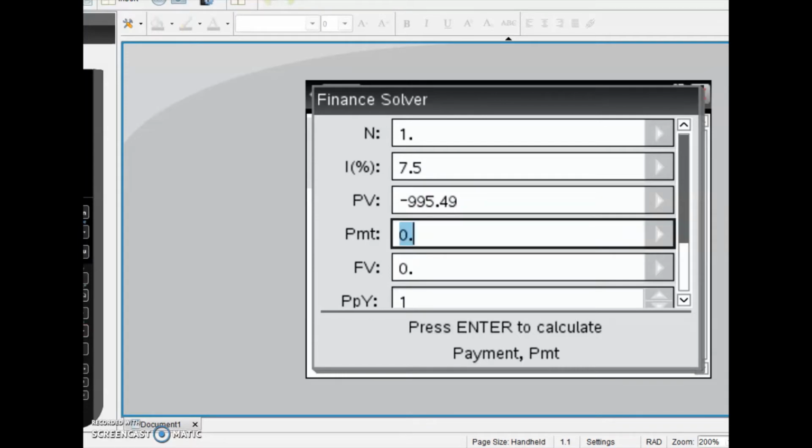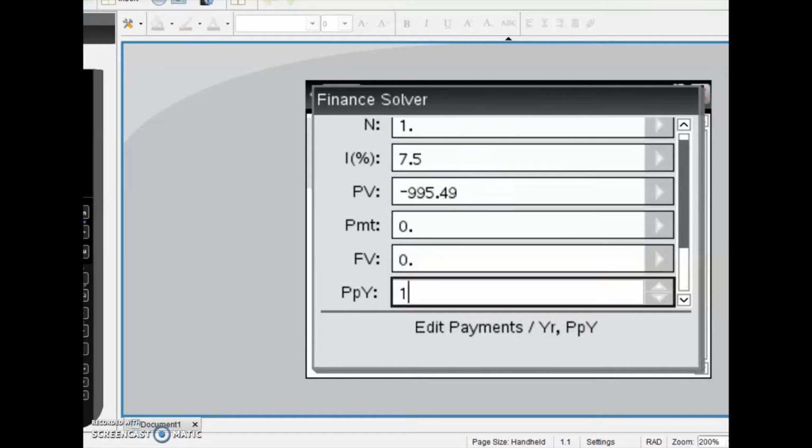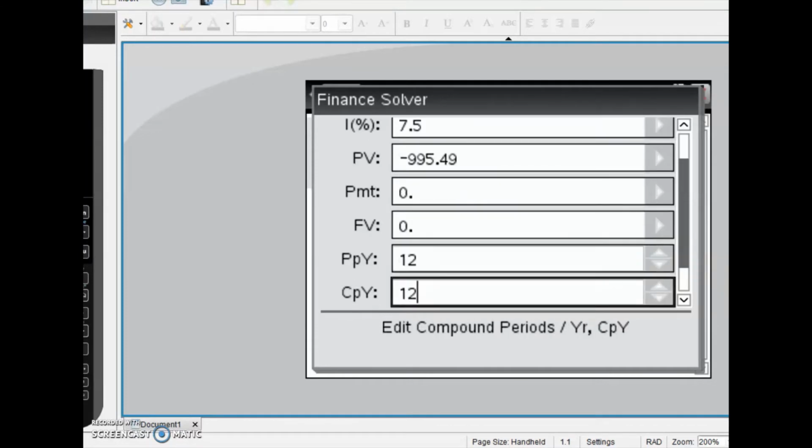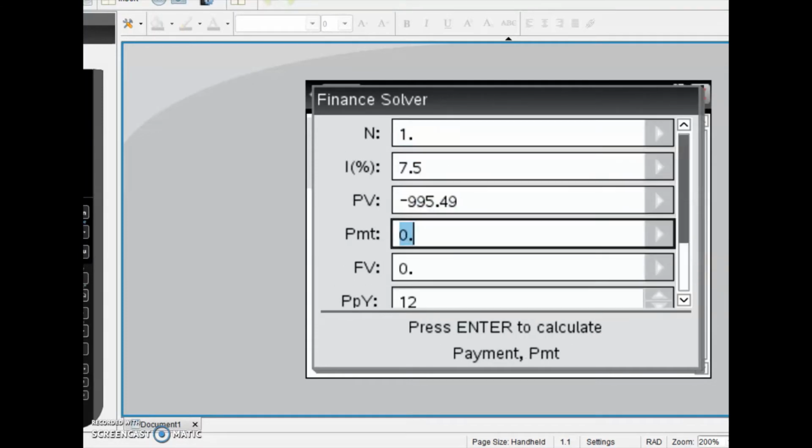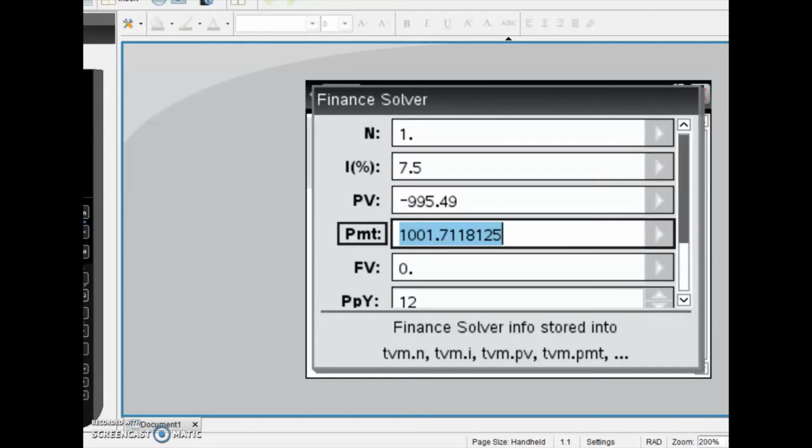We want to solve for the payment, so we'll come back to that. We want our future value to be 0, so we don't want Joseph to owe any more money, and he's making monthly repayments in monthly compound periods. So when we come back and solve for our payment value, we get $1,001.71.